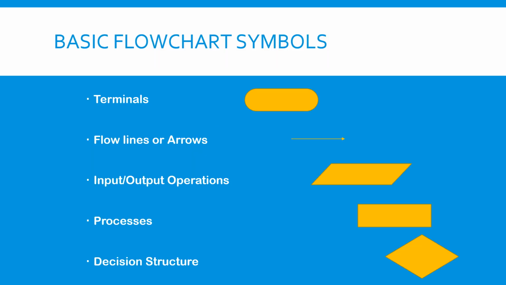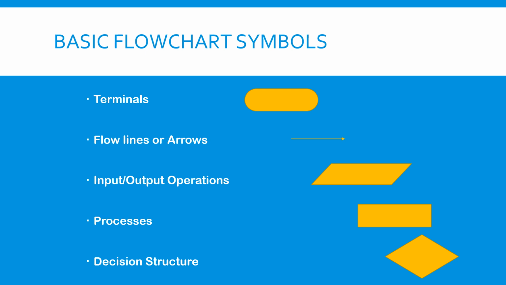For flowcharts, these are the basic symbols we'll be using. There are terminals, flow lines or arrows, input or output operation blocks, a process block, and a decision structure symbol. The symbols are shown on the right side. The square box with rounded edges is the terminal symbol, used for start and stop indication.